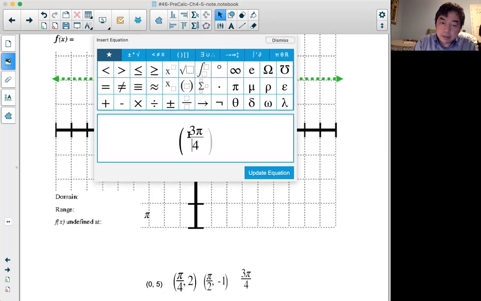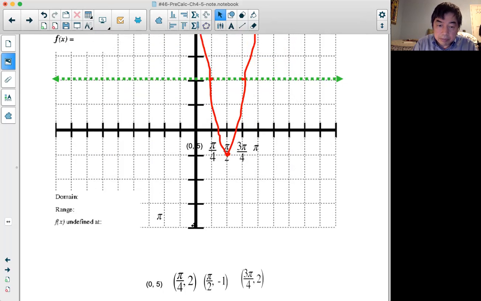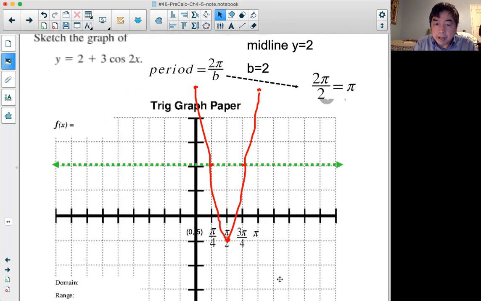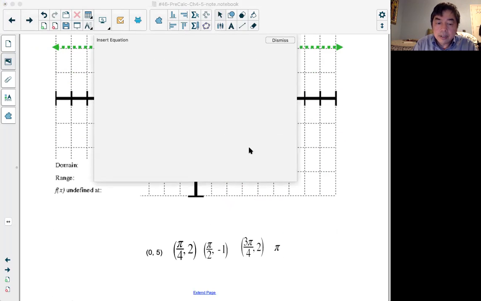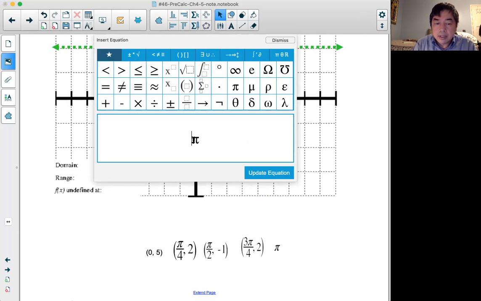The last number is pi and hit the max, which is 5. This is how you do it.